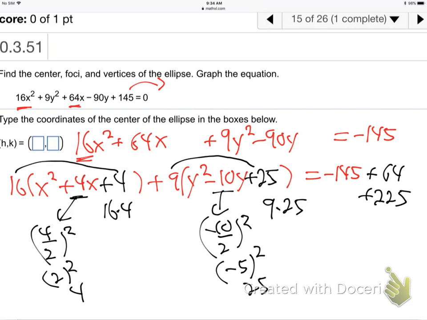Okay. All is good? So then the left side is going to factor. Can I erase this then? I'll erase some of this.